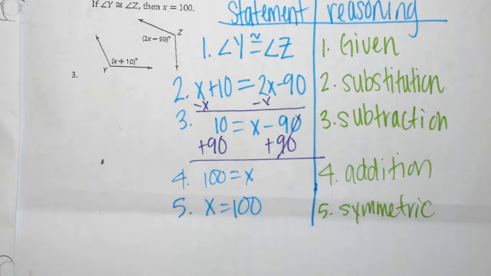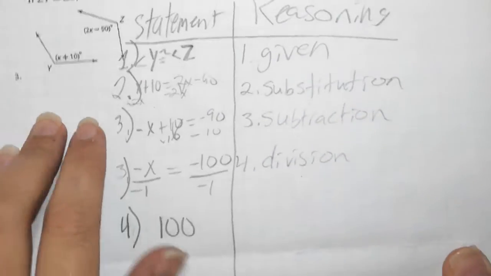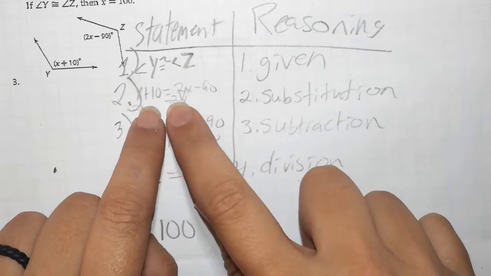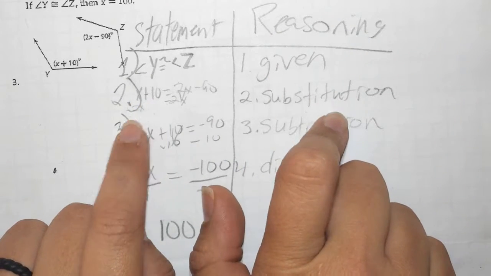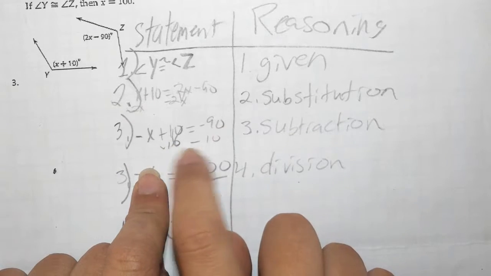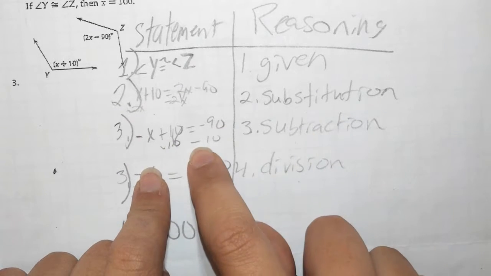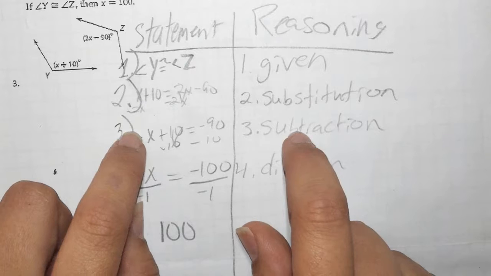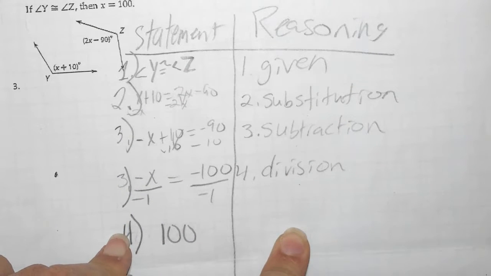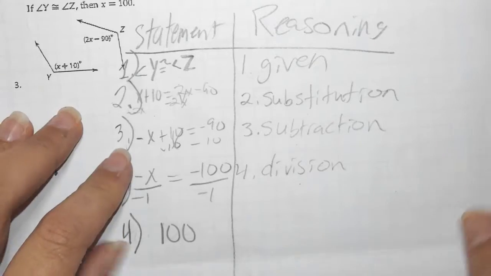So he said that angle y is congruent to angle z, and that's given. And then we use substitution. Then he subtracted 2x, then substitution, then subtraction again, and then division. But I like it. Fantastic.